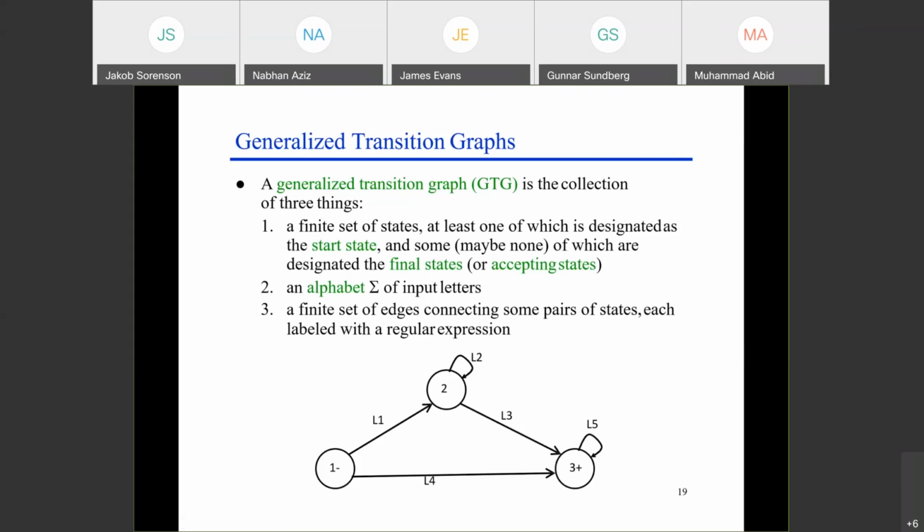It says a finite set of states, at least one of which is designated as the start state, and some, maybe none, of which are designated as final states. Exactly the same definition. An alphabet sigma of input letters, exactly whatever TG says. A finite set of edges connecting some pairs of states, each labeled with a regular expression. So now you know that TG can pass a regular expression.